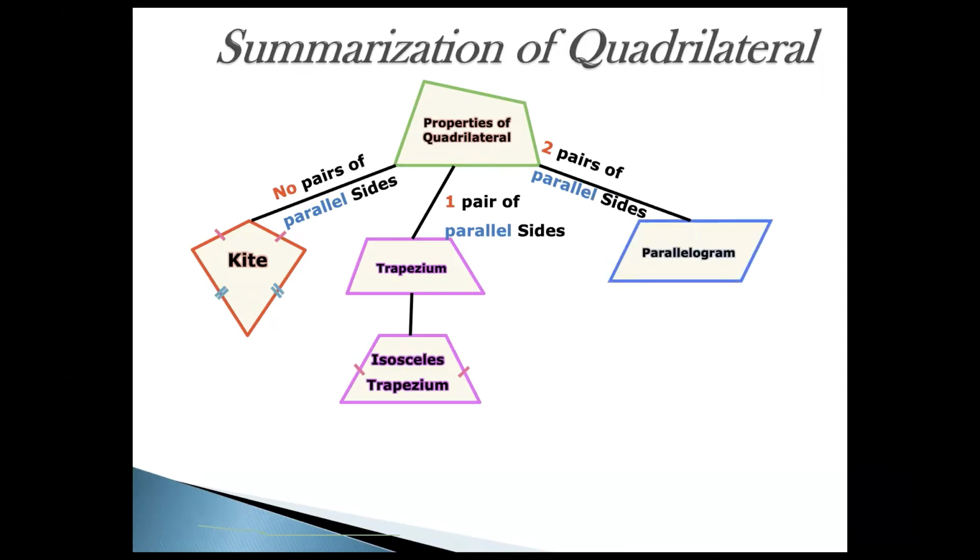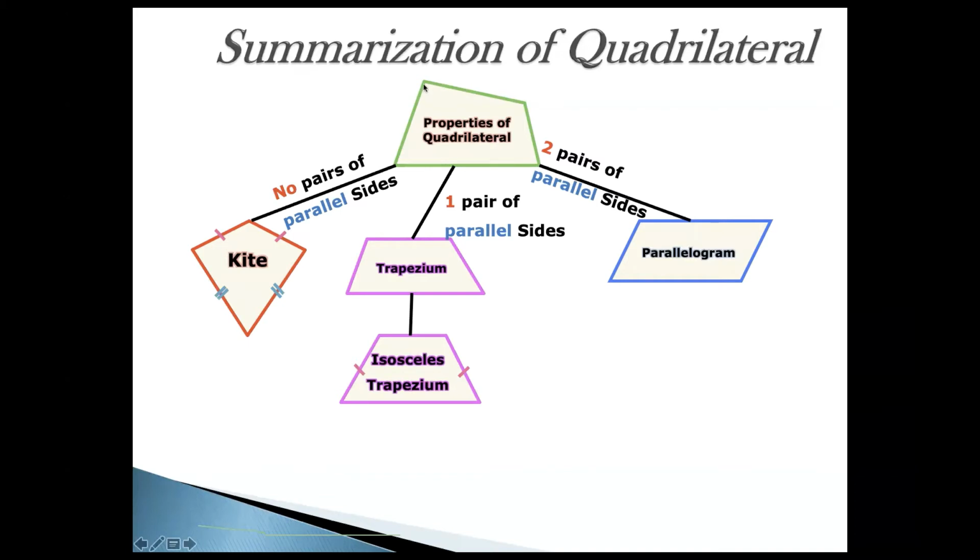If we have a quadrilateral which has 1 pair of parallel sides, I will call it trapezium or trapezoid. Trapezium has 1 pair of parallel sides, or 2 opposite sides parallel only. This is the property of the trapezium.